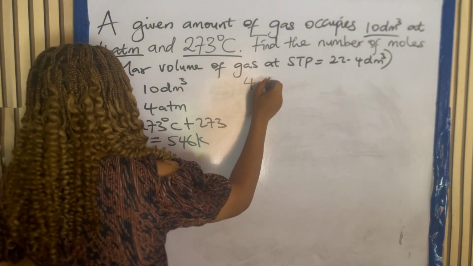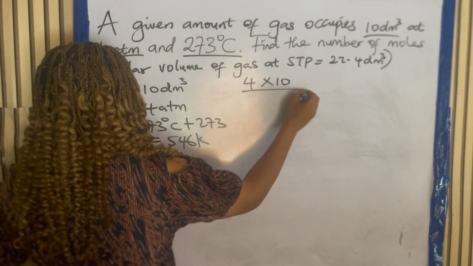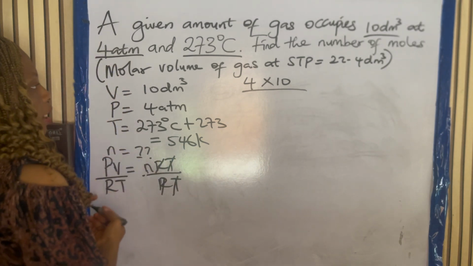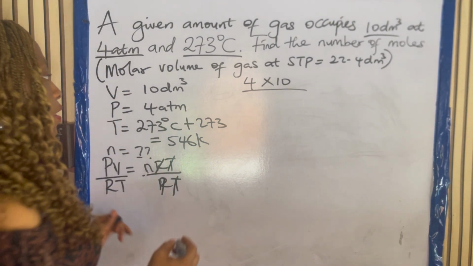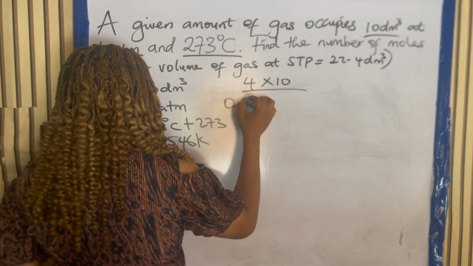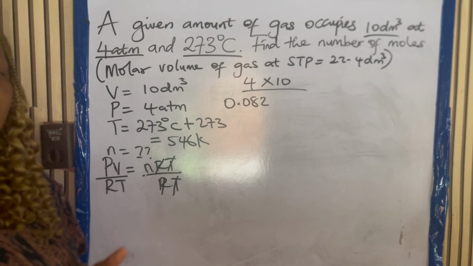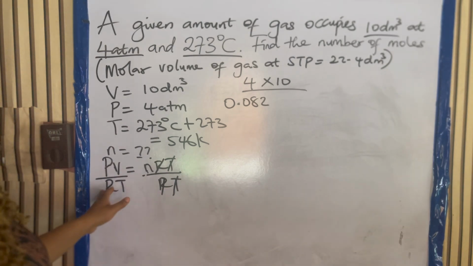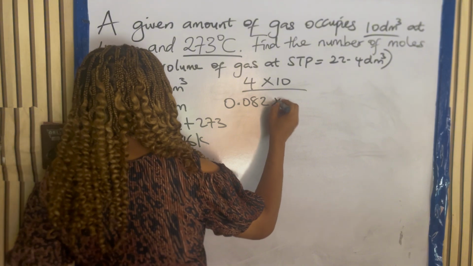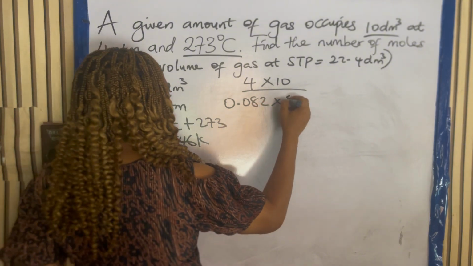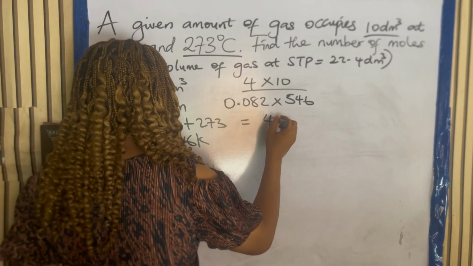P is 4 times V is what? 10 all over R. Now R is a constant, and the value of R as a constant is 0.082. 0.082 is the value of R as a constant. Then T is what? 546. So let's solve. This times this will give us 40.